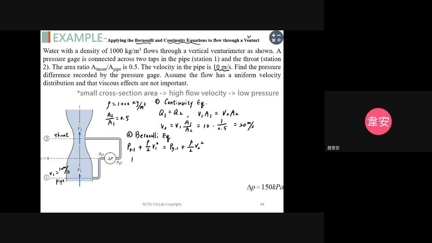The pressure difference, piezometric pressure 1 minus piezometric pressure 2, is the delta P, and it is equal to one half rho times V2 squared minus V1 squared. The density rho is 1000.